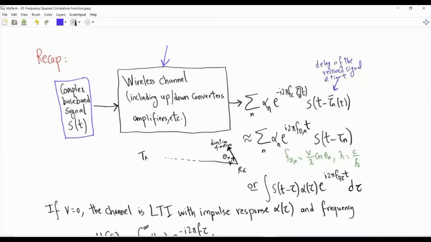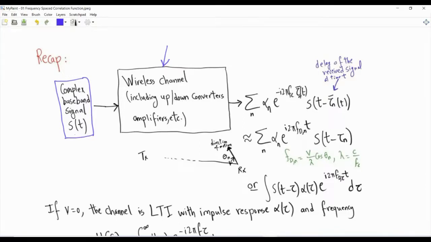So there are mixers in there, up converters, down converters, so these are oscillators. There are amplifiers, there are digital to analog converters, analog to digital converters, and so forth. Okay, and so there are many things going on here, but we can just abstract it as part of the channel. And what you get is basically this.